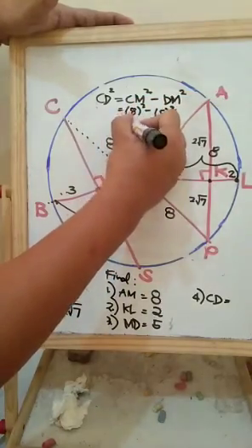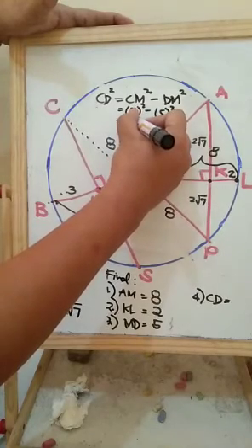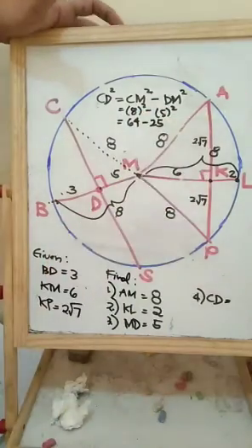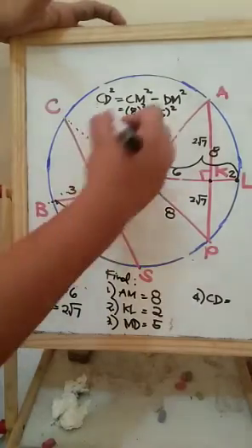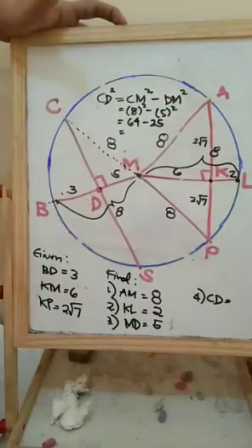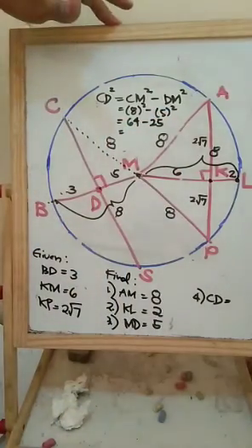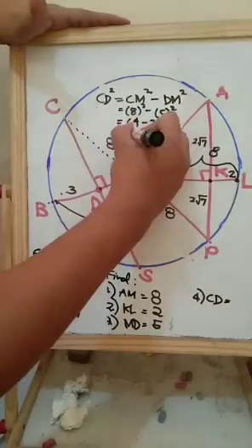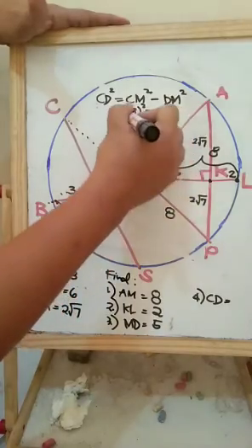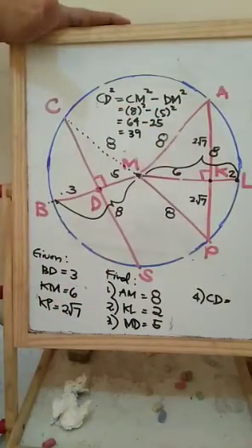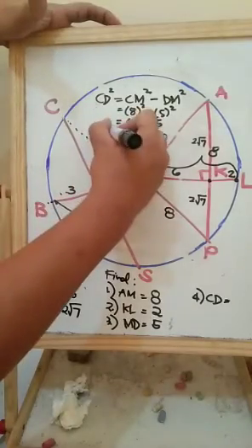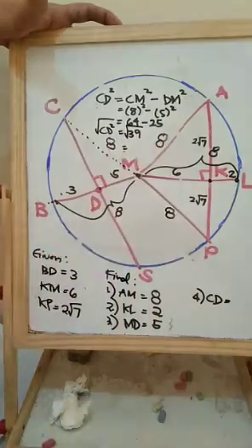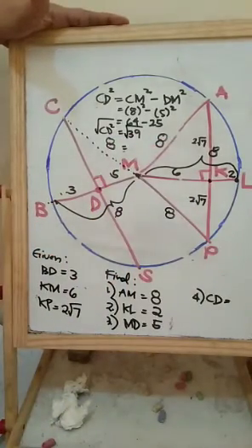So, 8 squared would be equal to 64. And 5 squared would be 25. So, 64 minus 25 is 39. Now, square root. Since we cannot simplify this, the square root of 39, we cannot express this as a whole number.